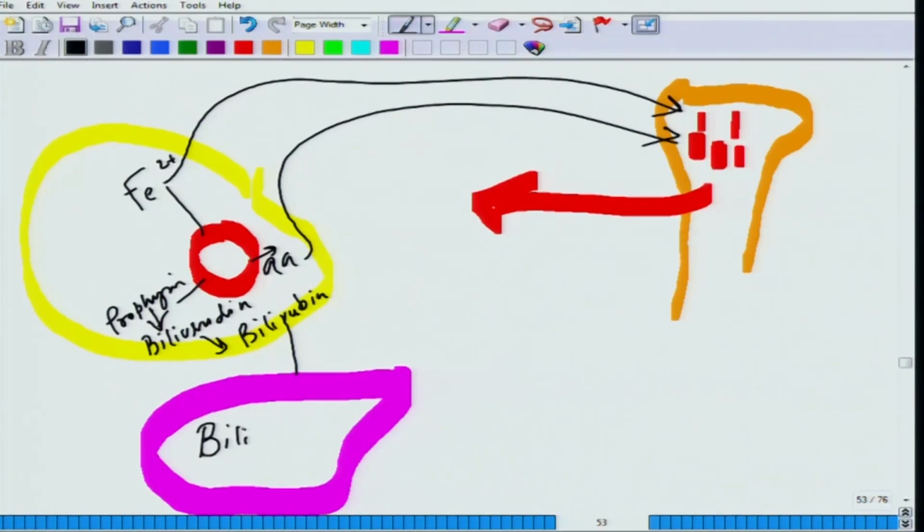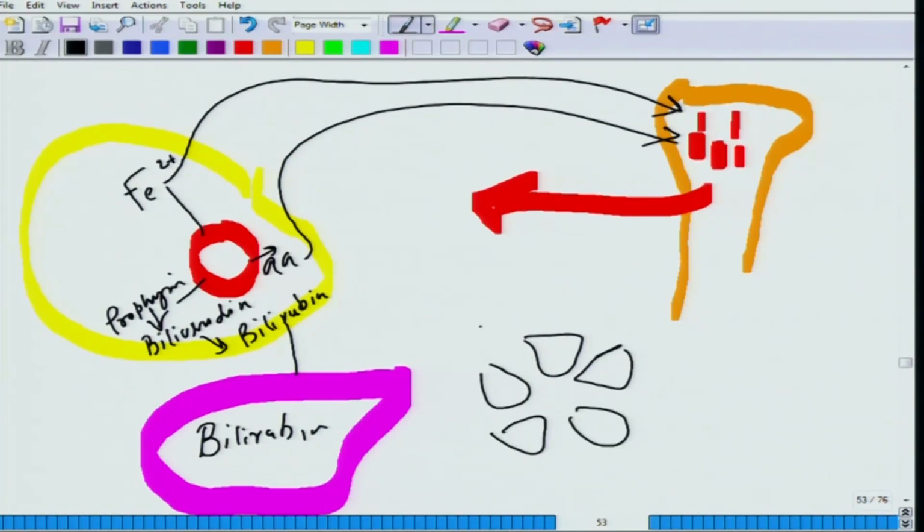Out here in the liver, the liver has a canal-like structure from where this bilirubin is transported to the large intestine.